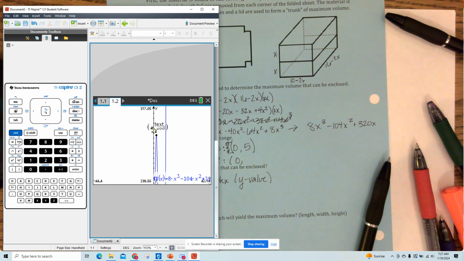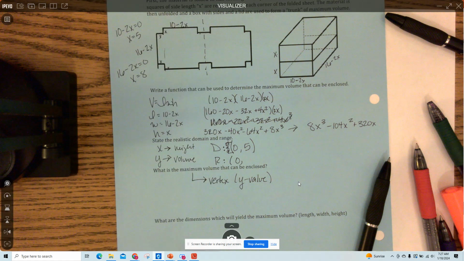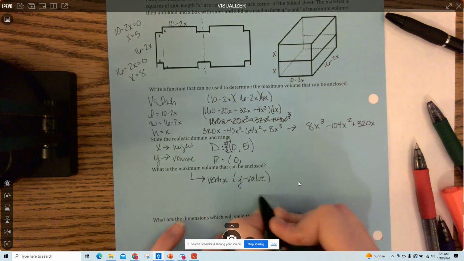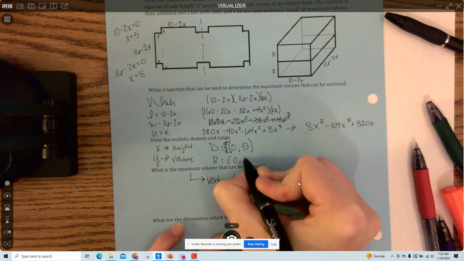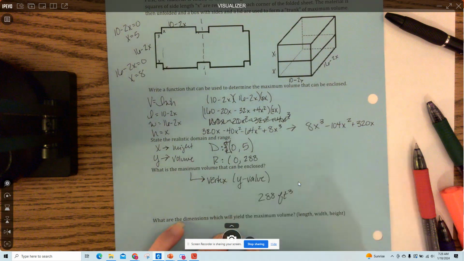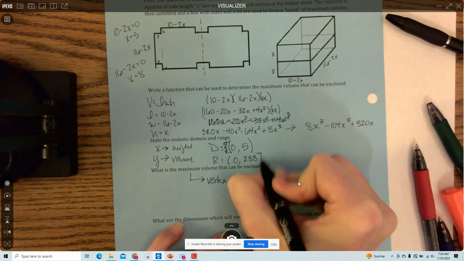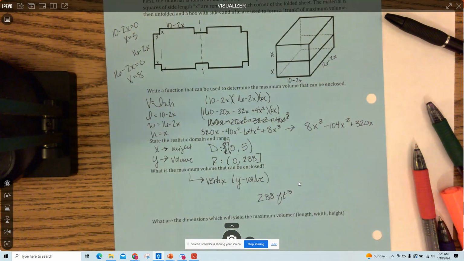So if x is at 2, it's going to give me the maximum volume I'm going to get out of this, which is 288 feet cubed, which also tops out this. Now, for this, I would use a bracket because I can get a volume of 288.